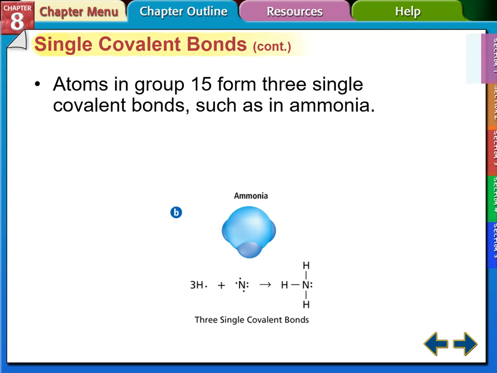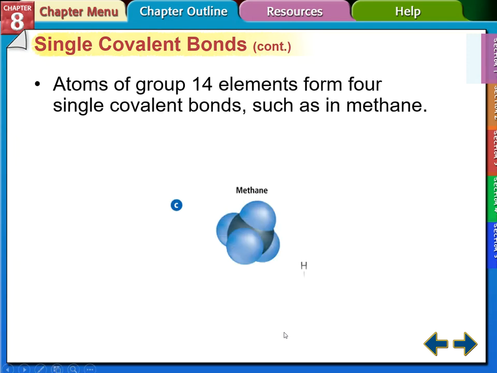Ammonia is nitrogen plus hydrogen. That's group 15. It has the nitrogen atom and 3 hydrogen atoms around it, each forming a single bond. So now the nitrogen has 2, 4, 6, 8: 3 shared pairs and 1 lone pair.